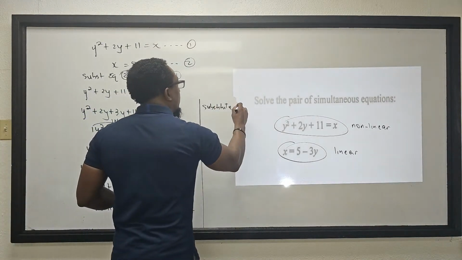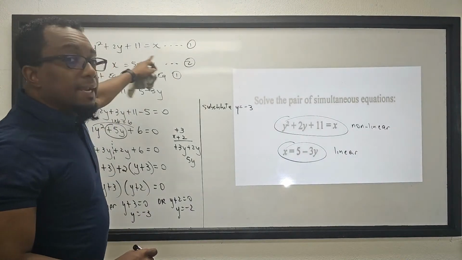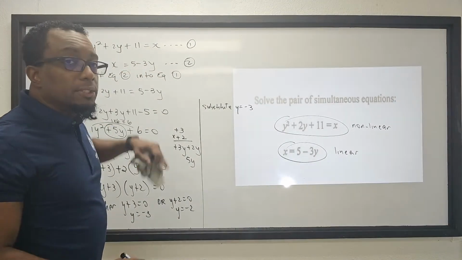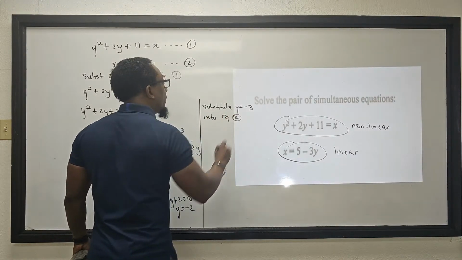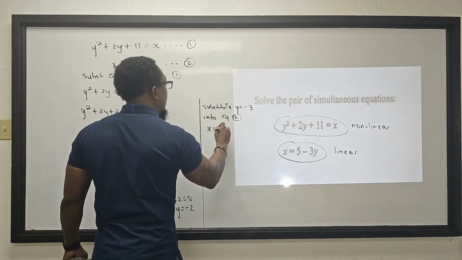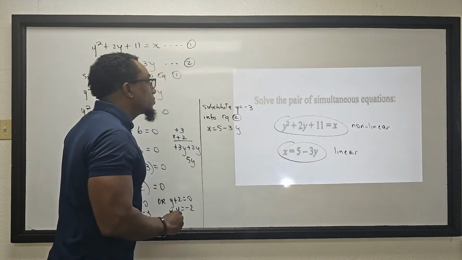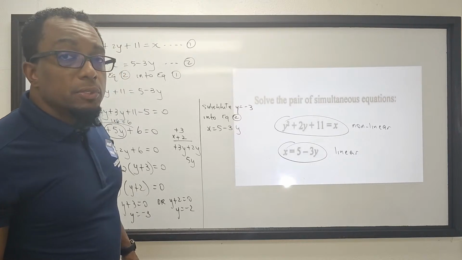y equal to negative 3 into my linear equation, which is equation 2. In equation 2, we have x is equal to 5 minus 3y. So where I see y in equation 2, I'm going to replace it with negative 3.